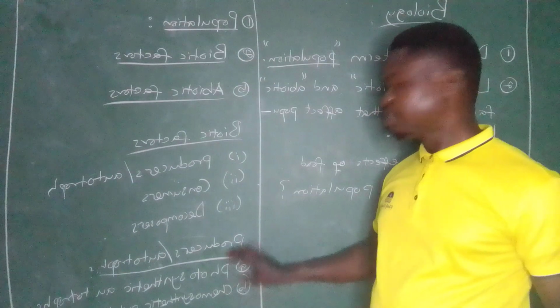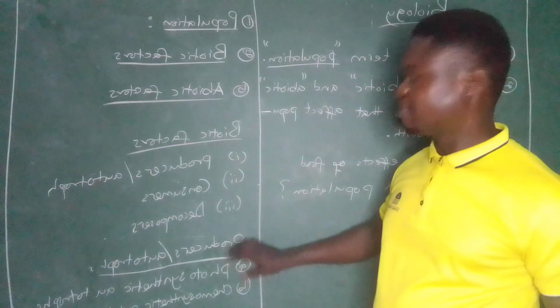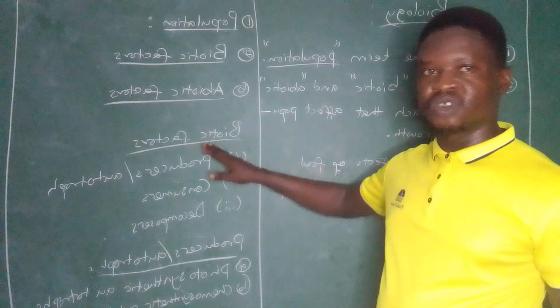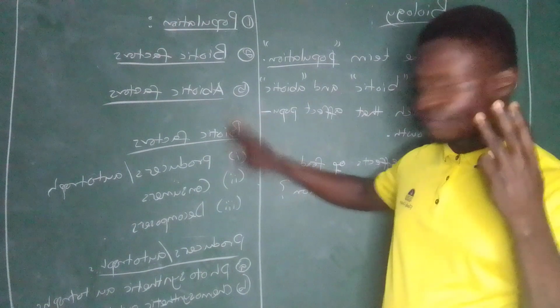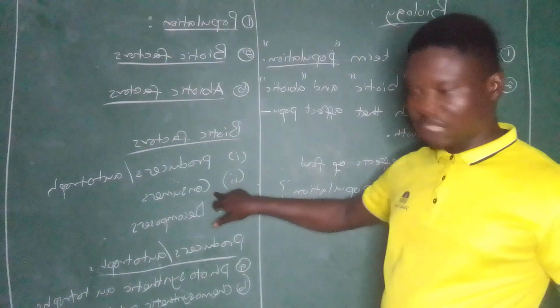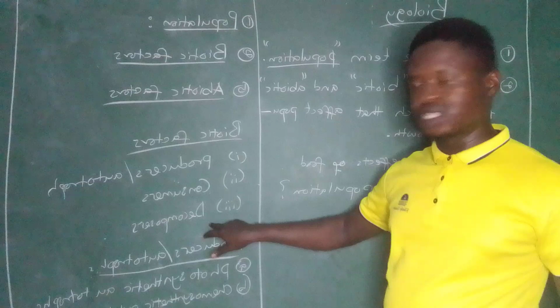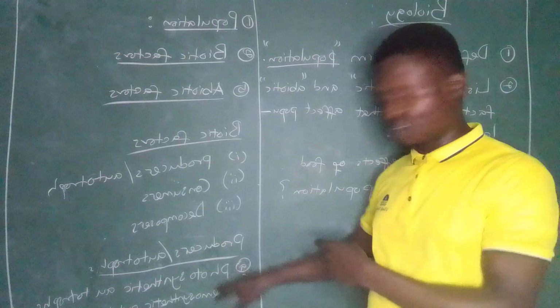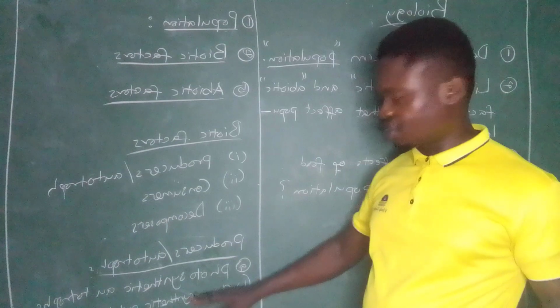What do you mean by photosynthetic autotroph? We are still discussing biotic factor. Under the biotic factor, we said it is divided into 3: producers or autotrophs, consumers, and decomposers. Now the producers or autotrophs, we have photosynthetic autotroph, and we also have chemosynthetic autotroph.